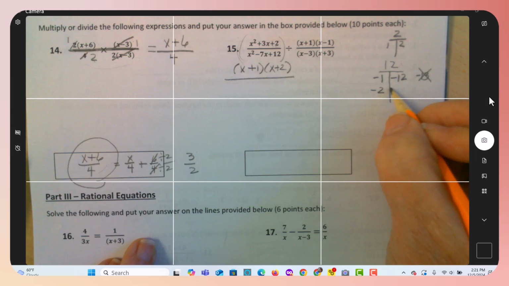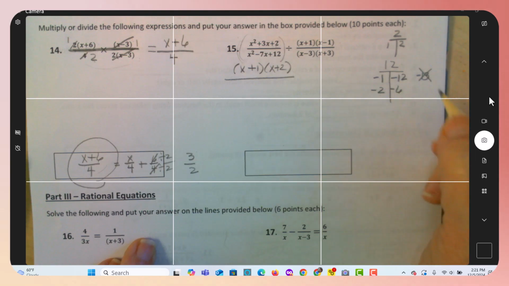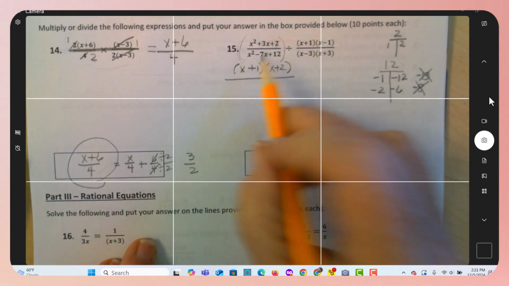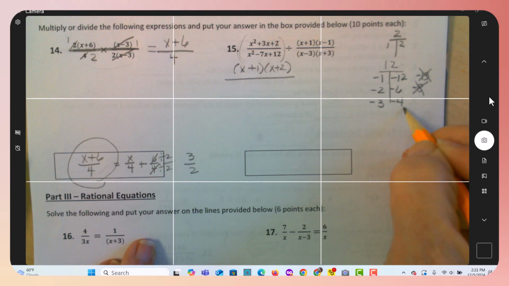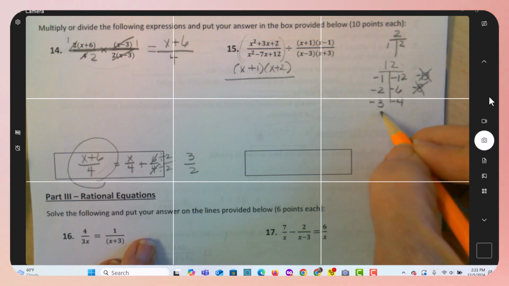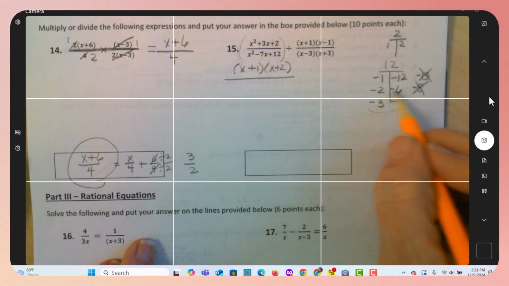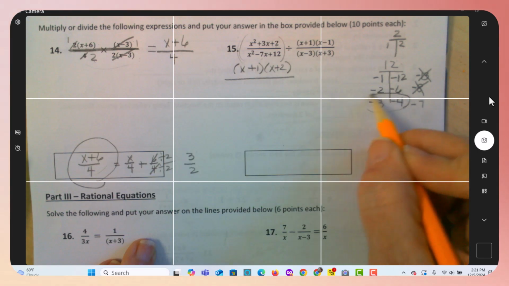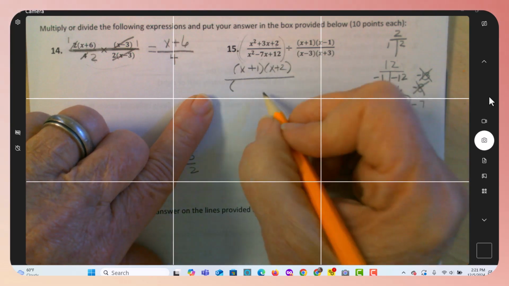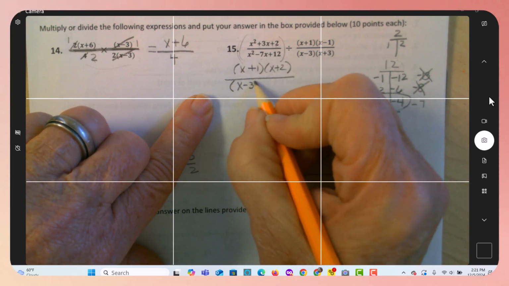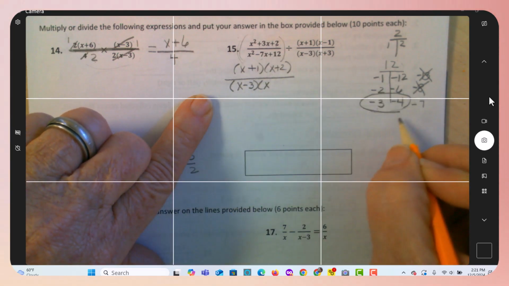Negative 2 times negative 6 multiply to give me positive 12, but add to give me negative 8, and that's not negative 7. Negative 3 times negative 4 multiply to give me a positive 12, and they do add together to give me a negative 7. So I found my factors here. So this factors into x minus 3 times x minus 4.